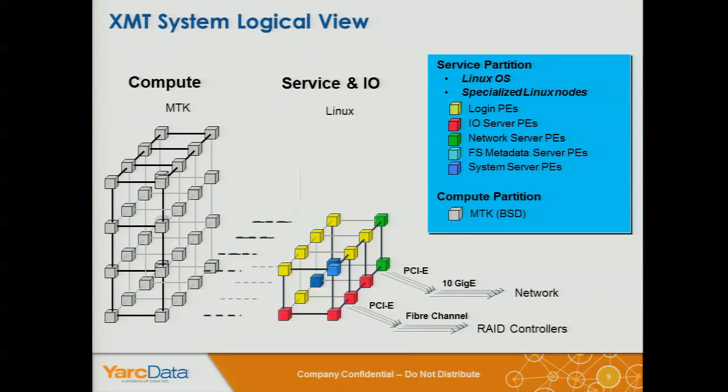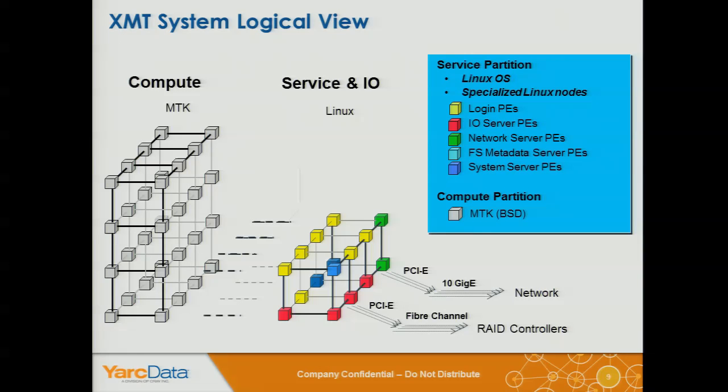Before, in the big XE systems and things, you don't tend to do any calculation on the service nodes. Usually, the user isn't even allowed to use them, as far as I know. But in the uRiKA model, you're putting significant computation on the login PEs. We're also adding more compute nodes, such that you can load up the service nodes with serial work and work that is written in languages other than C++.